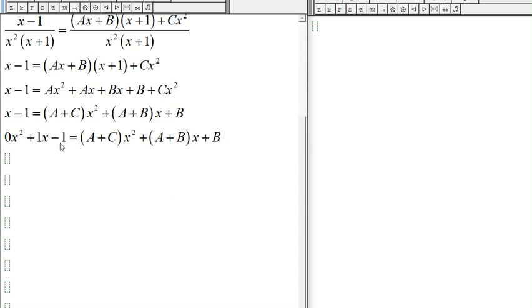And then the constant on the left must match with the constant on the right. And so the 0 must match with A plus C, and then the 1, the coefficient of x, must match A plus B, and then the negative 1 is B.